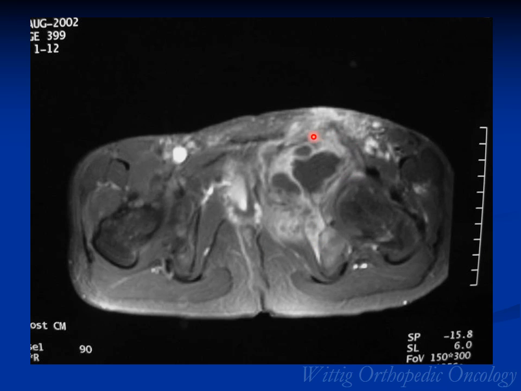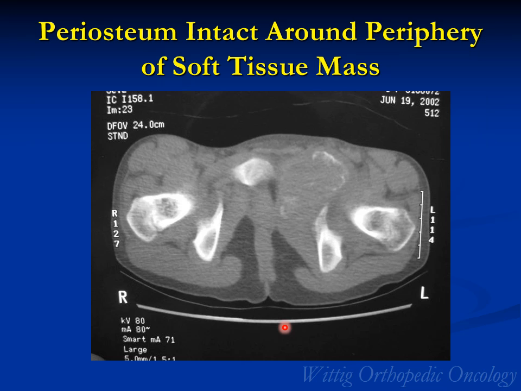Again, the MRI is very difficult to interpret, but it looks like a large soft tissue mass arising from the bone of the pelvis with large cystic areas. Here's a CAT scan, however. The CAT scan shows a very sharp zone of transition between the normal bone and the actual mass or tumor that developed.